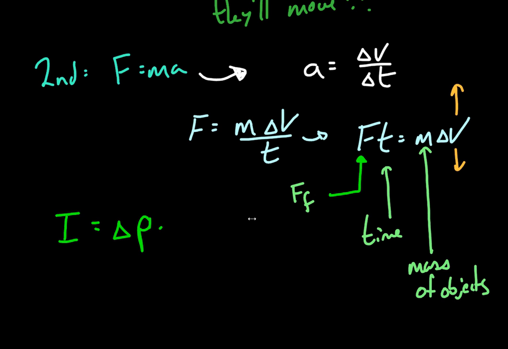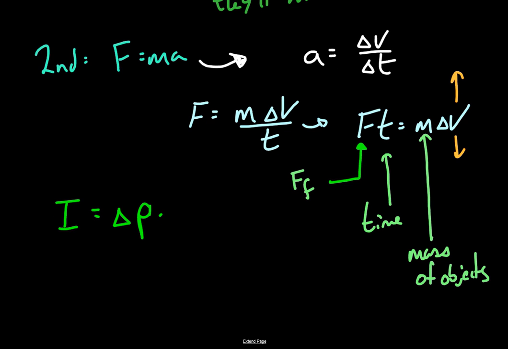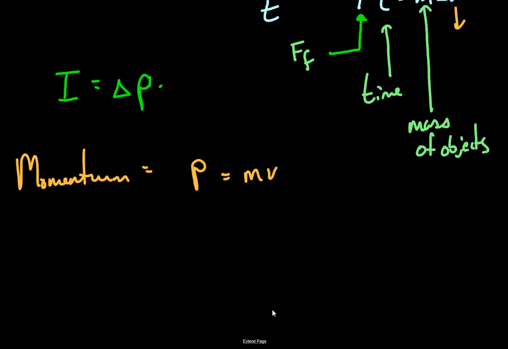Okay? So the first thing is momentum itself is defined as this. Momentum, which in physics we use a p for, so p is the symbol for momentum, is just an object's mass times its velocity directly. No delta there, just its mass times its velocity.